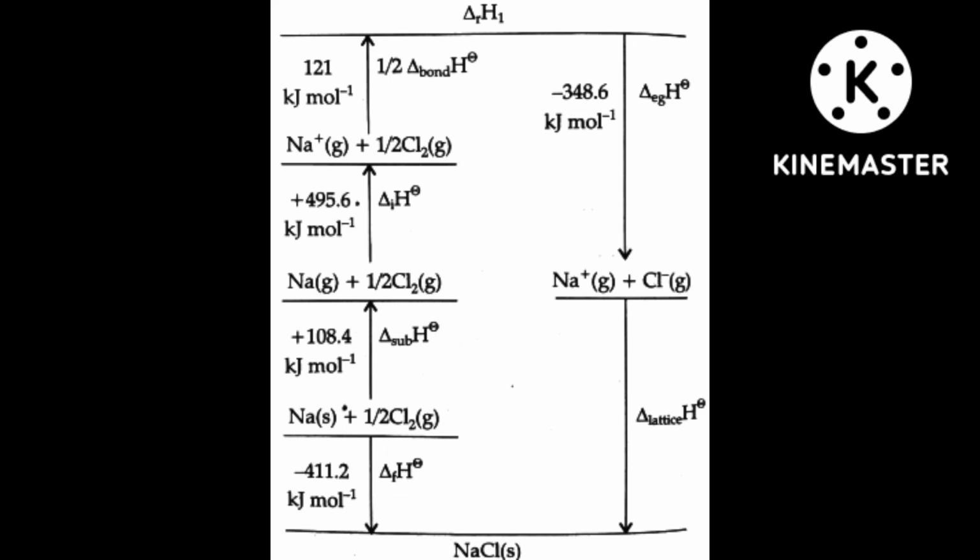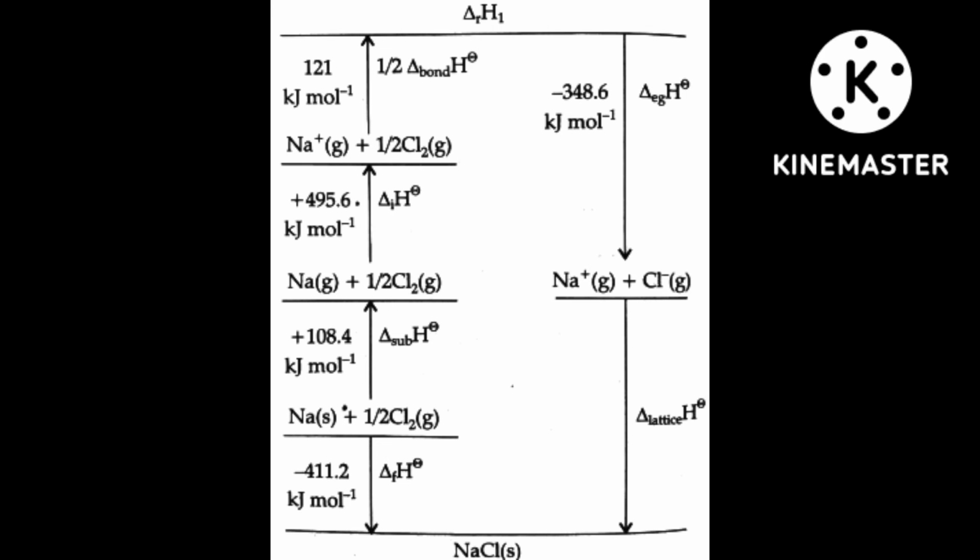For electron gain it is the reverse, so it is minus 5 by 2 R.